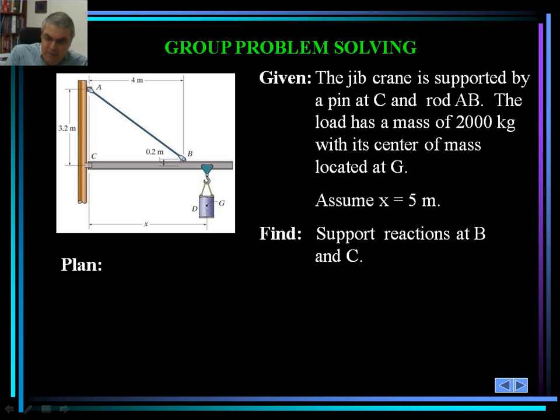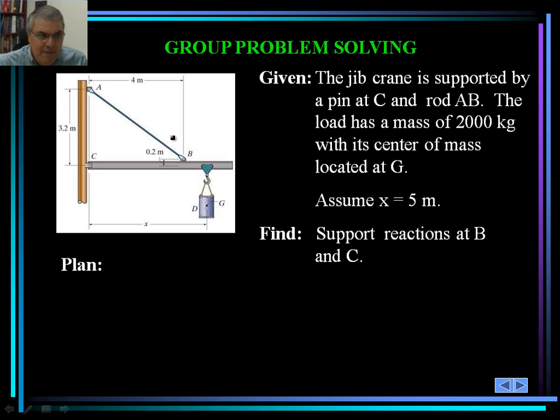So let's solve a group problem, and we would actually wrap our session up. So there's a jib crane. It's given here. It's supported by a pin at C right here. This is the pin, and there's a rod AB that's also supported here.